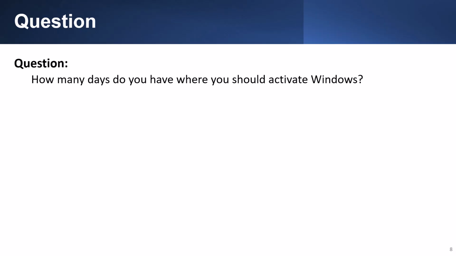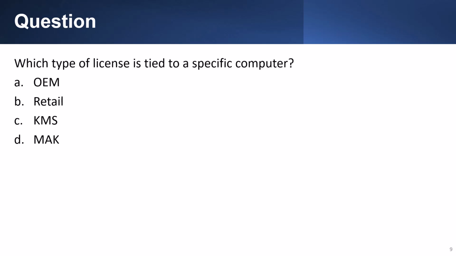Question: how many days do you have where you should activate Windows? Answer: 30 days. Question: which type of license is tied to a specific computer?